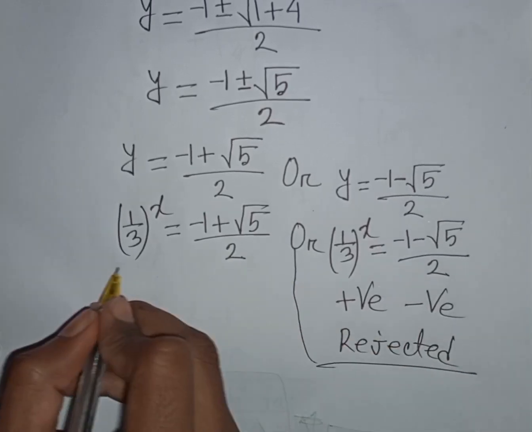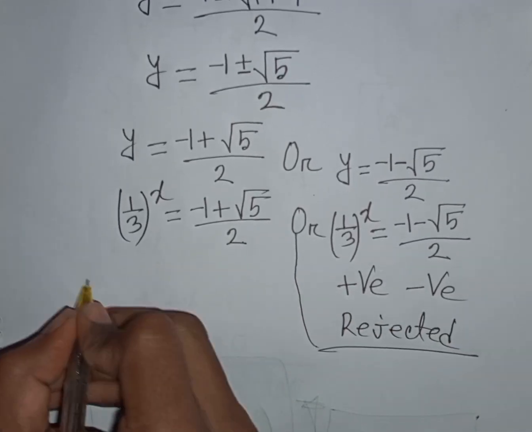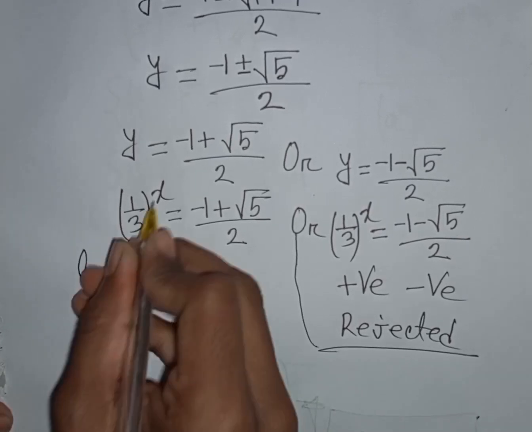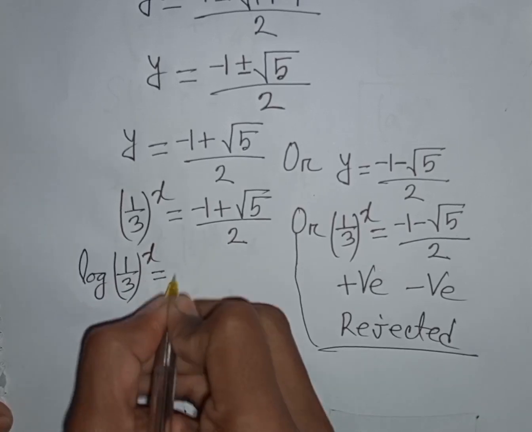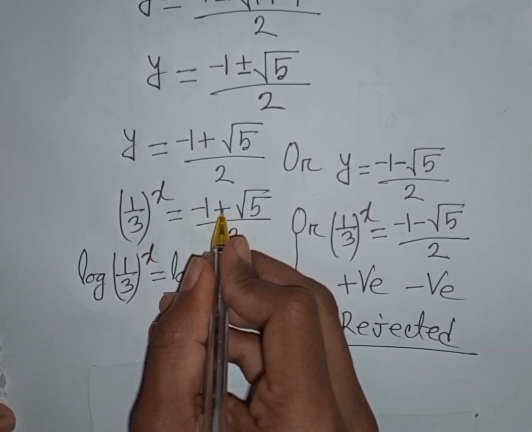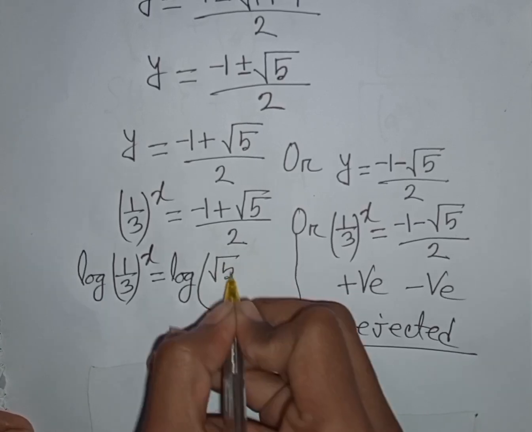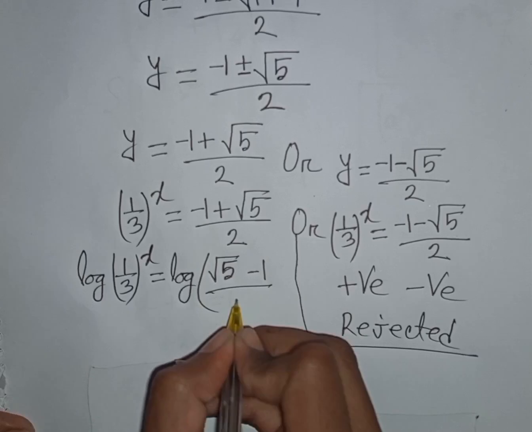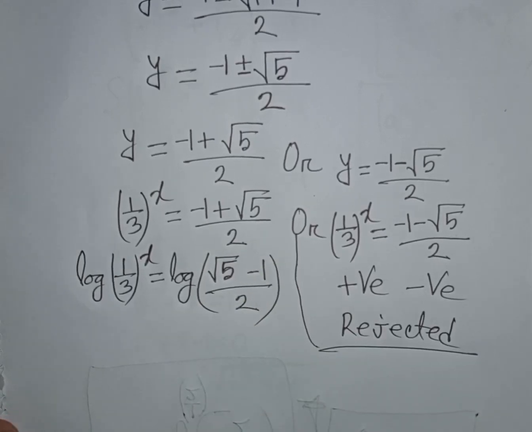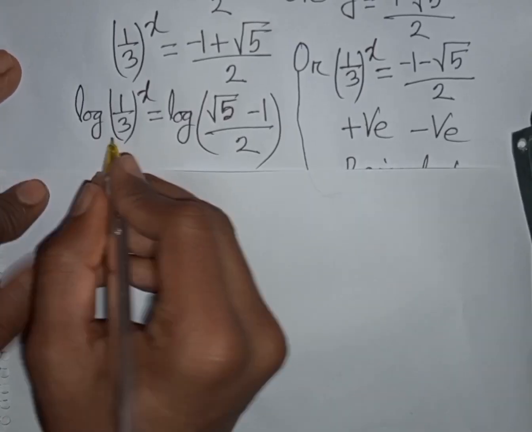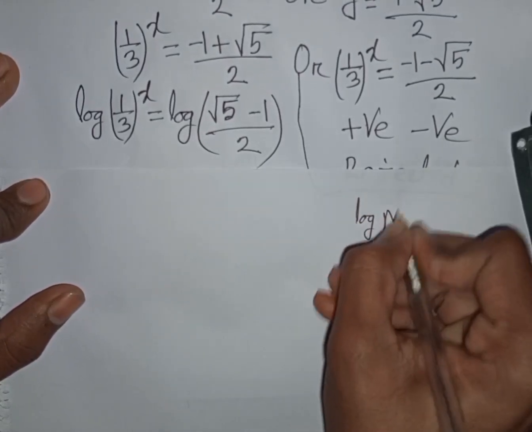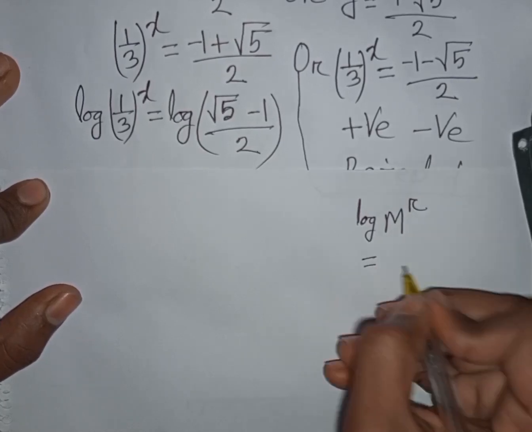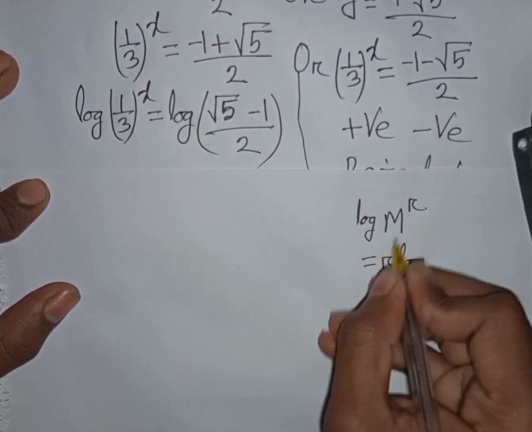Now from here we apply log on both sides. So you can write log of (1 by 3) bracket power x is equal to log of (square root of 5 minus 1) divided by 2. Now here I can apply the rule that log m power r is equal to r log m.